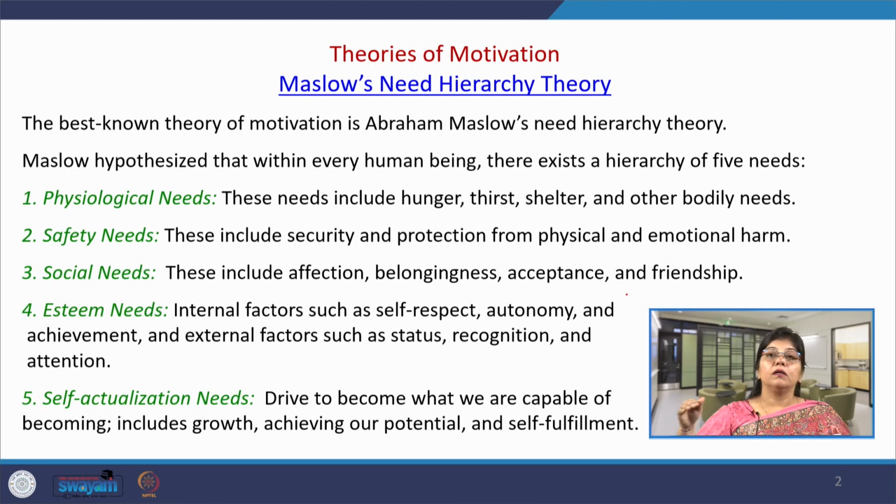Once one level of need is satisfied, the individual is motivated to work to satisfy other kinds of needs. So, in short, I will talk about what Maslow hypothesized in this need hierarchy theory.